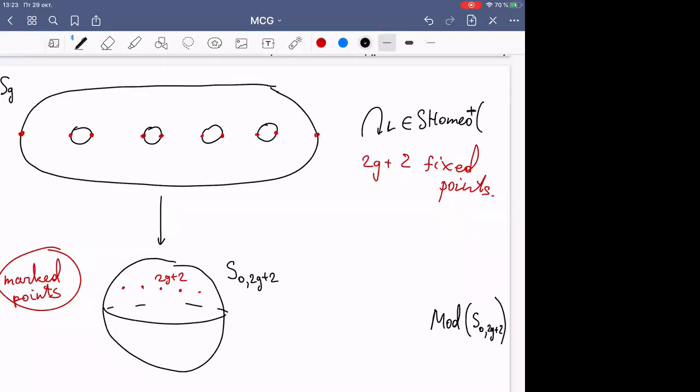First of all, in this situation we need to care of orientation, since in the previous situation we had boundary components, and hence every homeomorphism fixing boundary pointwise is orientation preserving.